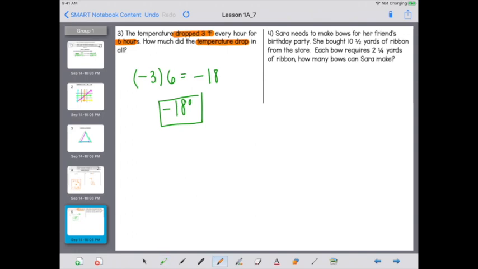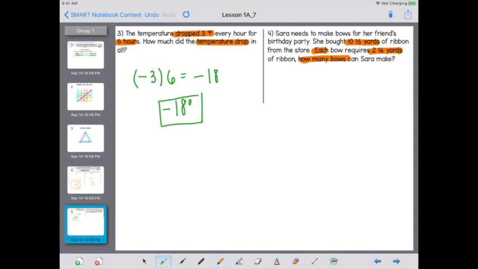Number 4. Sarah needs to make bows for her friend's birthday party. She bought 10.5 yards of ribbon from the store. Each bow requires 2.25 yards of ribbon. How many bows can she make? Always a tricky one.